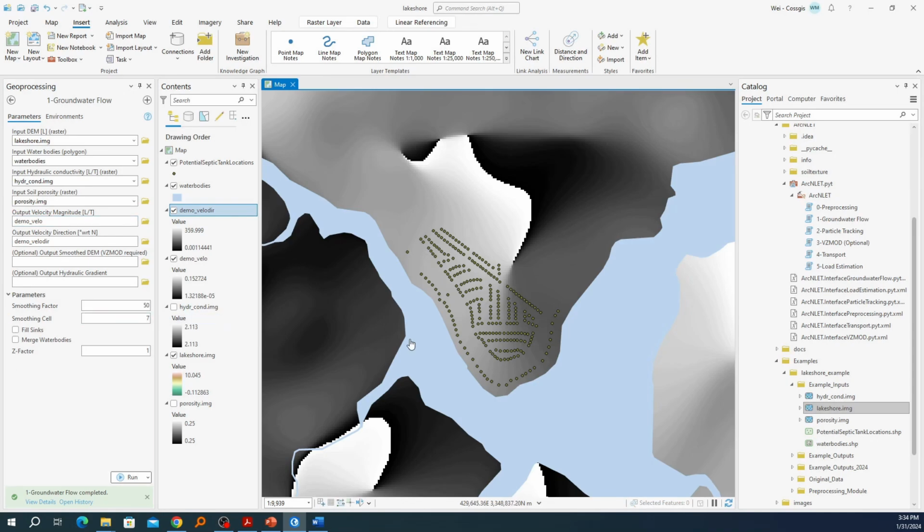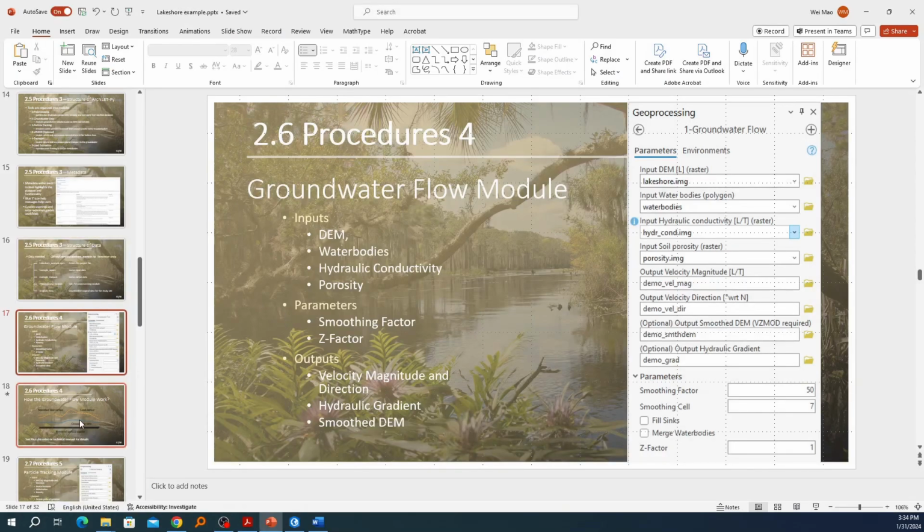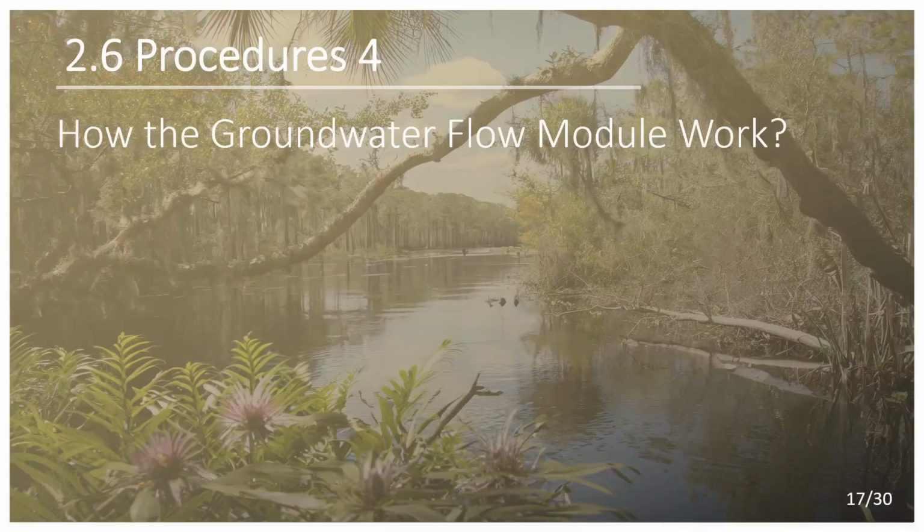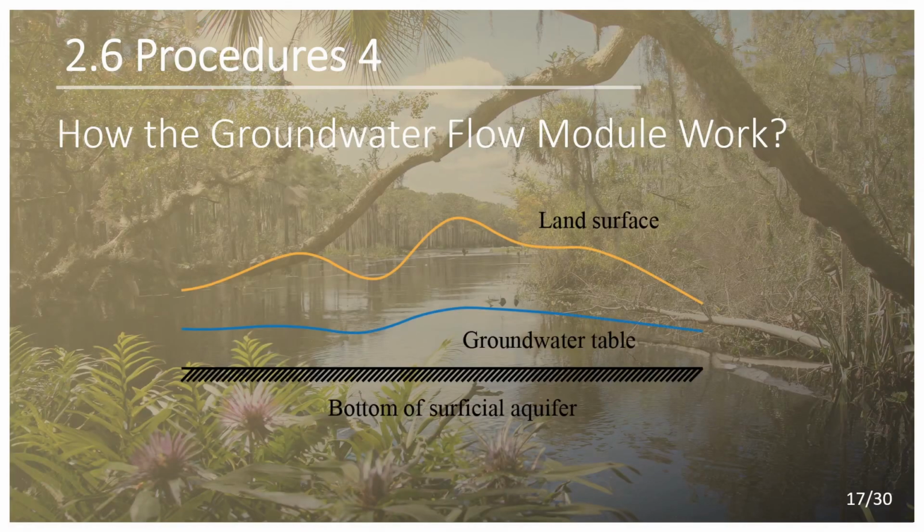Then, how the groundwater flow module works, I will briefly explain here. Let me use my PowerPoint. Okay, the blue line represents the groundwater table, and the yellow line represents the land surface. In general, the two lines are very similar, but the groundwater surface has greater undulation.